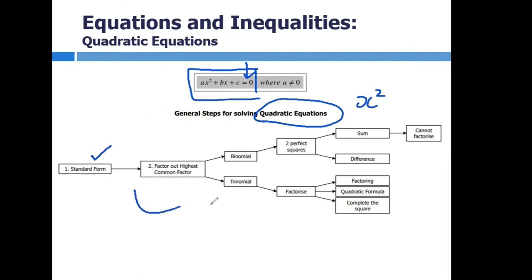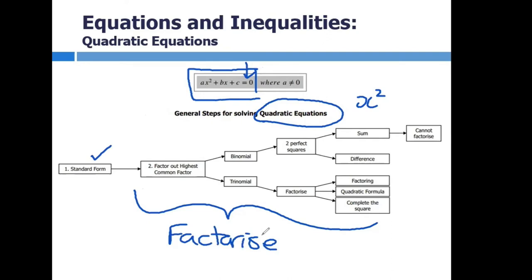Now this little diagram is a fancy little diagram to help you to remember the method for factorizing. Okay, because all of your possibilities for factorizing are still valid. Highest common factor, binomial or trinomial. So 2 terms or 3 terms. Then if it was 2 terms, you're going to do difference of squares or the sum and difference of cubes.